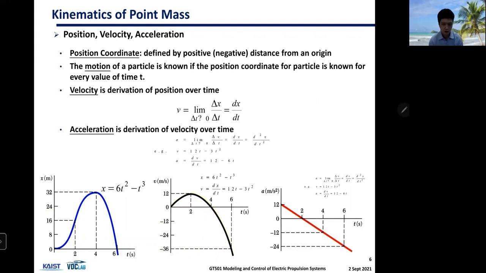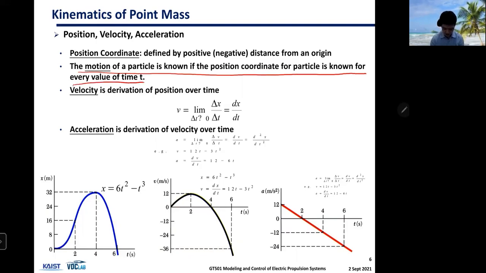I think all of you are familiar with this because it is covered in freshman undergrad physics. First of all, the motion of a particle is known if the position coordinate of the particle is known for every value of time t.